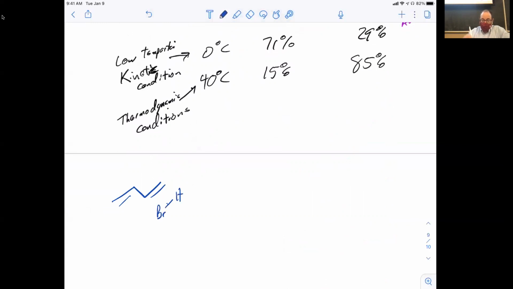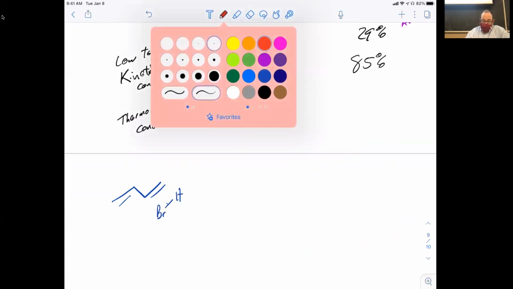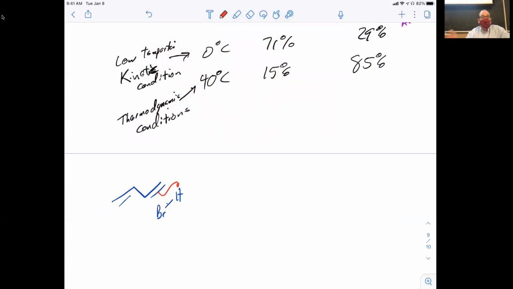So let's put this there. This is going to react with that. They have to be in close proximity. Electrons aren't going to fly halfway across the galaxy to get there. They got to be in close proximity. Electrons need to be close to the bonding distance for carbon to hydrogen. Could be a little longer, but not really far. Needs to be within that kind of range, which means that whenever this comes off, where's that bromine?